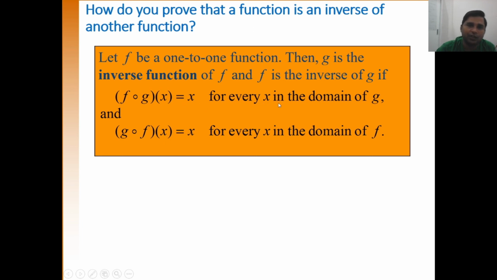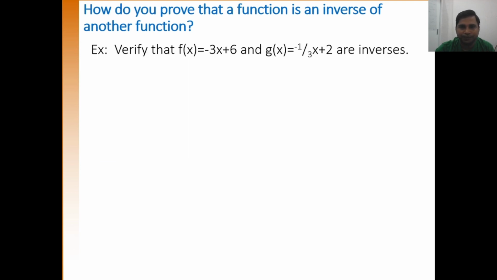That means f of g of x is x for every x in the domain of g, and g of f of x is x for every x in the domain of f, where g is the inverse function of f and f is the inverse function of g. They are inverses of each other.